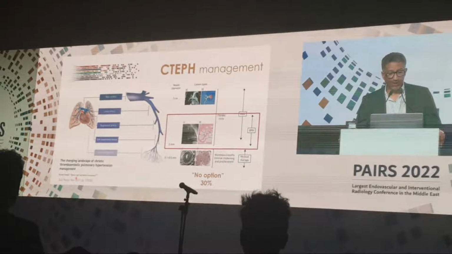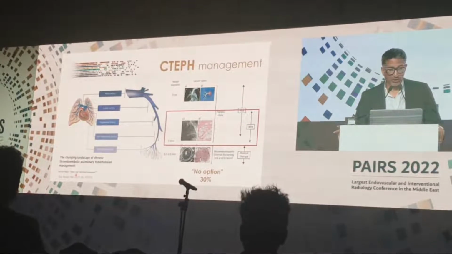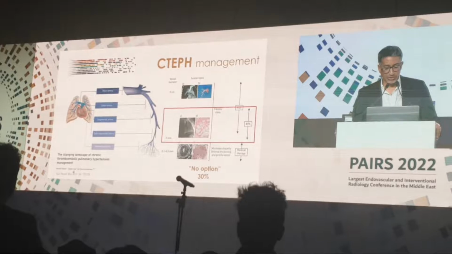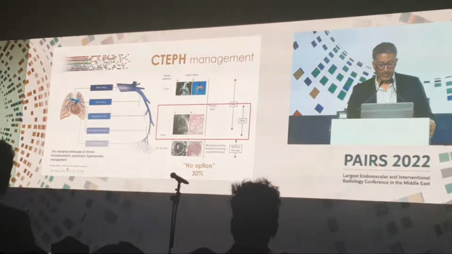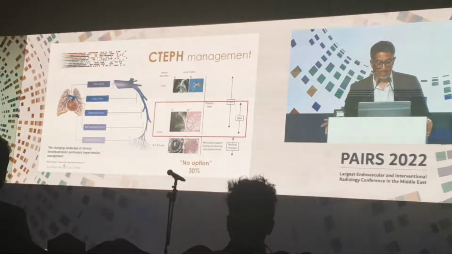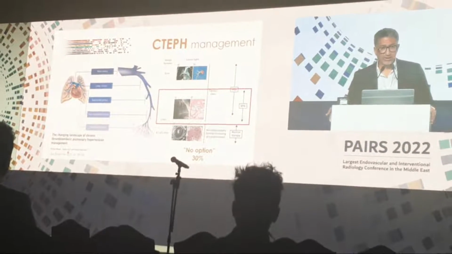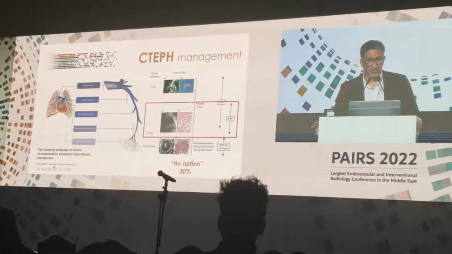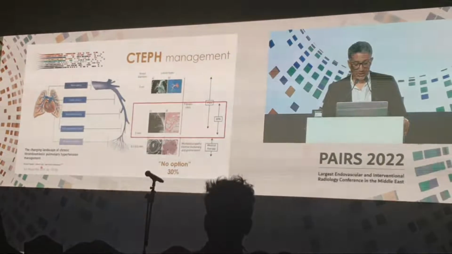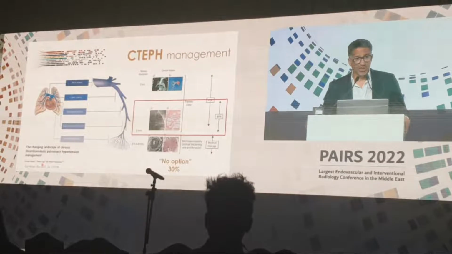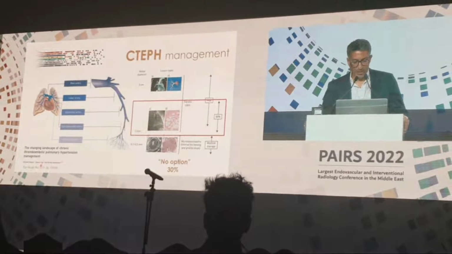The first one is the most proximal lesions accessible for surgical treatment, and this is what we call proximal pulmonary hypertension. The distal lesions, beyond the subsegmental level, are not accessible to the surgeon, and these are traditionally patients who need medical treatment.